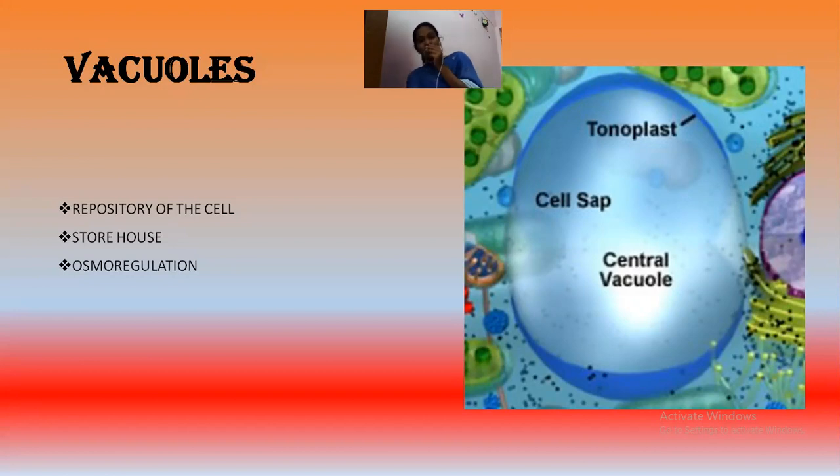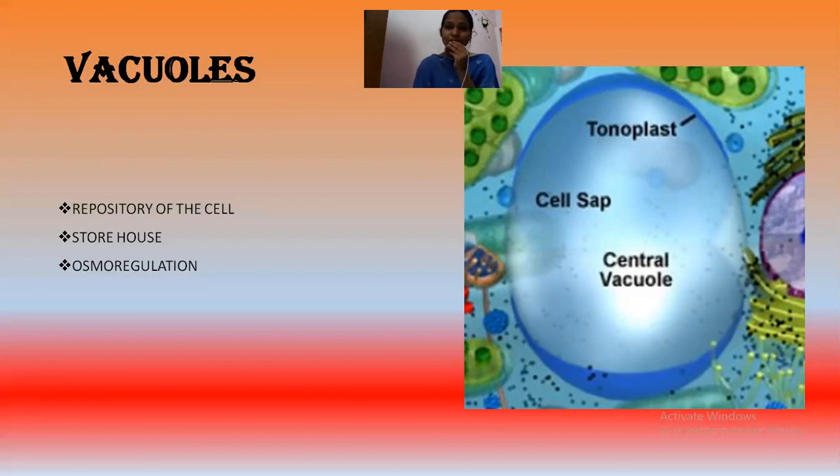And in mature cells, mostly vacuoles are present. What is the function of vacuoles? Vacuoles act like storehouses. They store various detoxifying substances or any other materials, wastes, crystals, whatever the material may be, stored in the vacuoles.